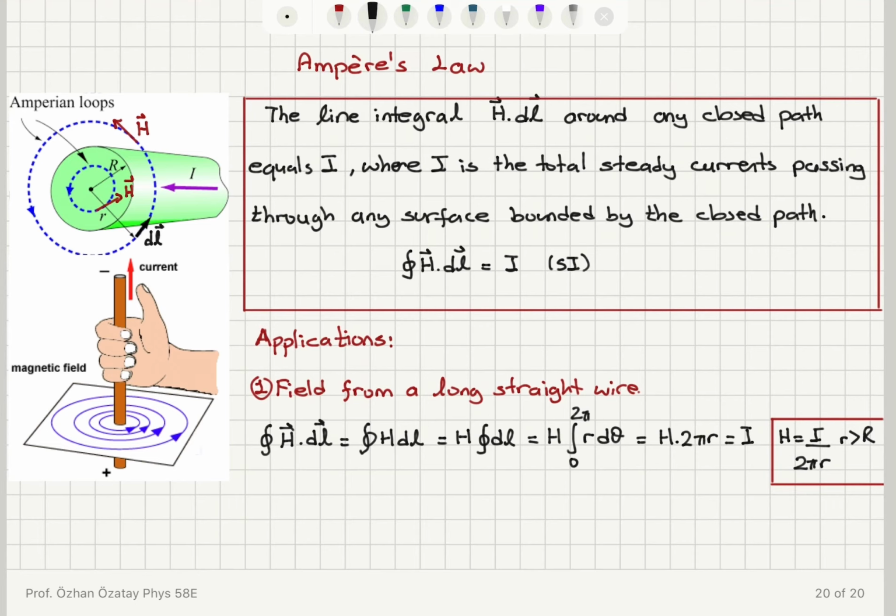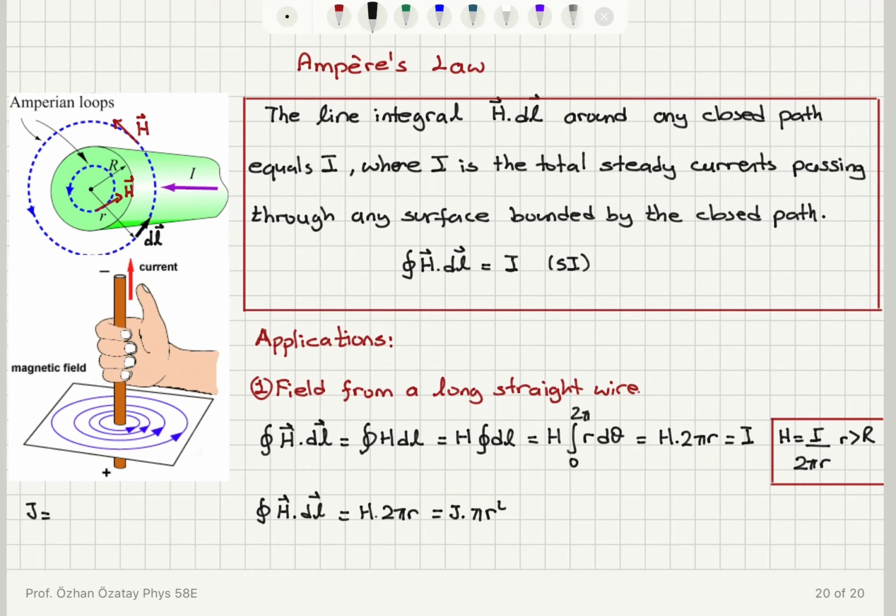And for the magnetic field inside the wire, once again I'm going to write the closed path integral of H dl will give me H times 2 pi r, because the magnetic field will be circulating inside the wire as well, and H is only a function of r. So this will be equal to the total current enclosed. For that I have to consider the current density J multiplied by pi r squared. So what is the current density J?